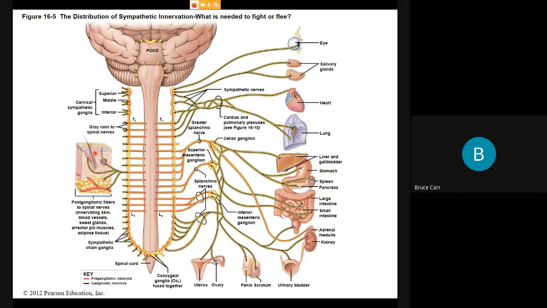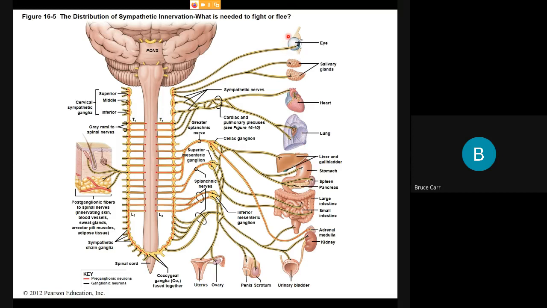So thermoregulation, that would occur through the connections on the left side. On the right side, you see the connections to the named organs. So up here from the cervical region, we're going to connect to the eye and the salivary glands. We're going to connect through sympathetic nerves in the thorax to the heart, to the lungs.